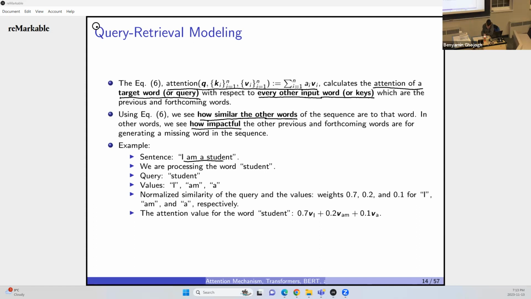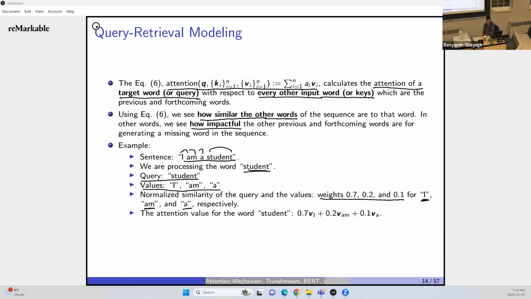Example: I am a student. Let's consider we are processing the word student. So the query becomes student, and the values are I, am, and a, the other words, because we have 4 words here. Then the normalized similarity, I mean the weights after softmax, become 0.7, 0.2, and 0.1. So 0.7 for I, 0.2 for am, and 0.1 for a.